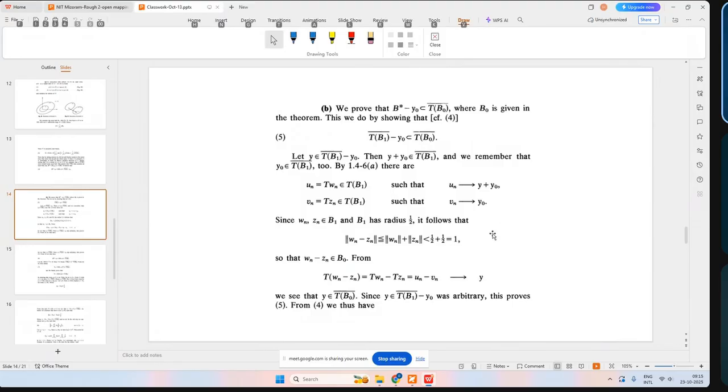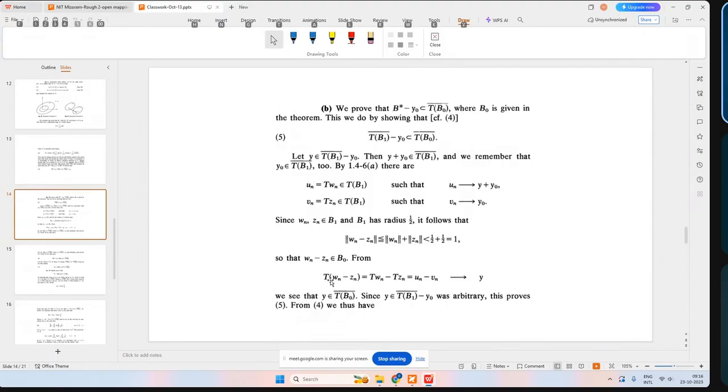Since wn and zn are in B1 and B1 has radius half, by the triangle inequality the norm of wn minus zn is less than or equal to 1, so it is in a ball of radius 1 around 0.